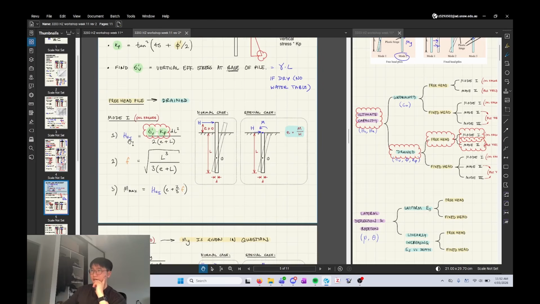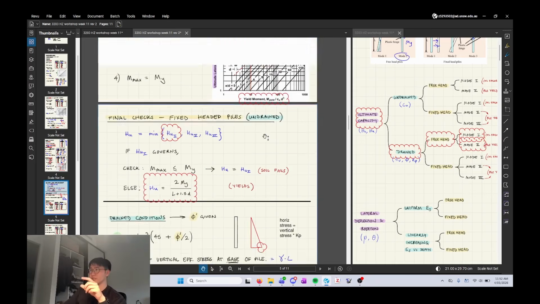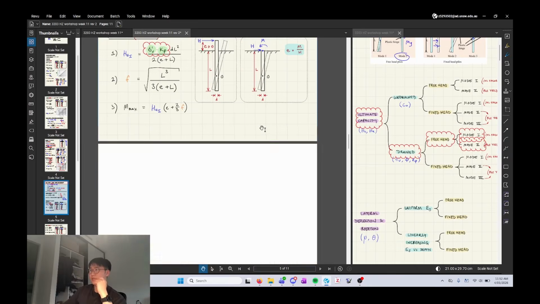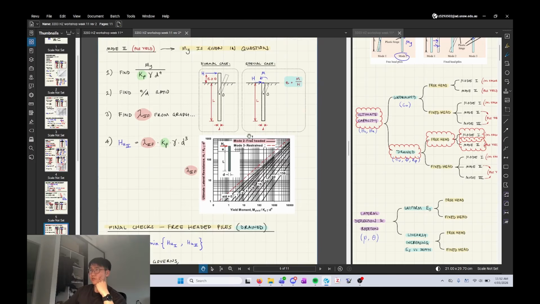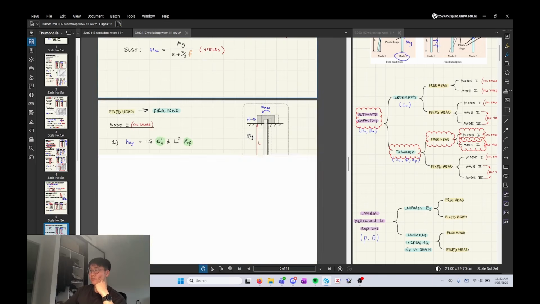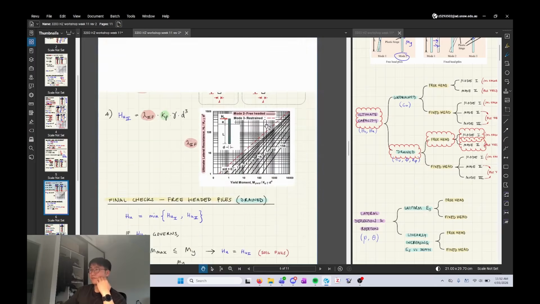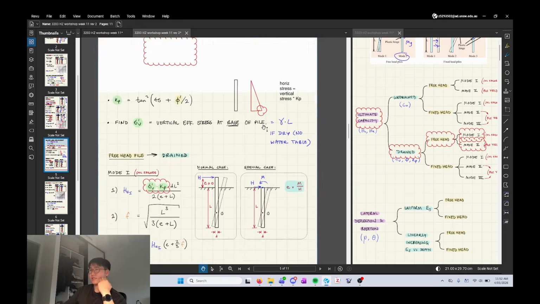You can find F separately. So F is the distance to the max moment along your distribution. That's a bad example. I didn't draw the little graph thing this time. It's basically this, right? So from the top to where the max moment is, that's what F stands for.